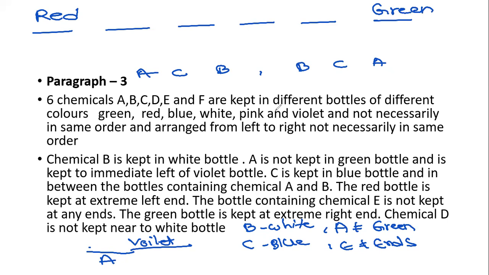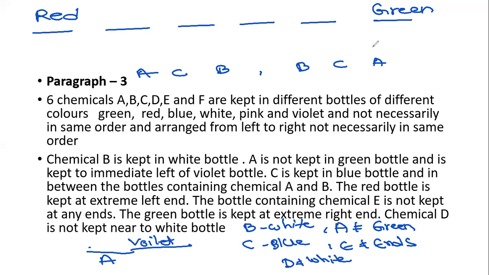Okay. Next. Chemical D is not kept near to white bottle. So this is also one of the questions. Chemical D is not kept near to white color bottle. Okay. So all the conditions we have represented separately, guys. Now we have to club them and understand how to link up the chemical and the color bottle.